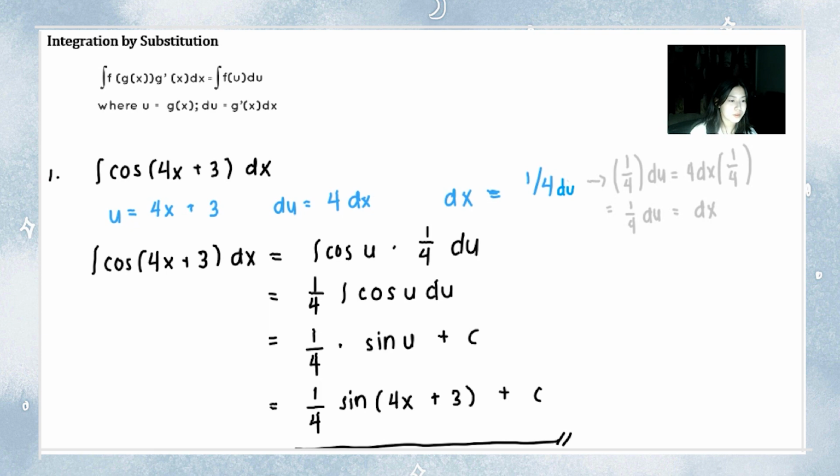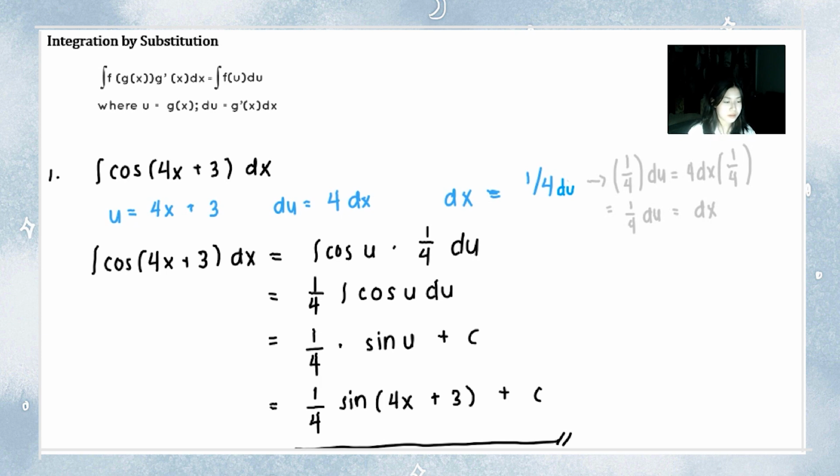Now we solve. The integral of cosine of the quantity 4x plus 3 dx is equal to the integral of cosine u, now we substitute, times 1 over 4 du. Since 1 over 4 is a constant, we can just put it in front. Now it's equal to 1 over 4 times the integral of cosine u du.